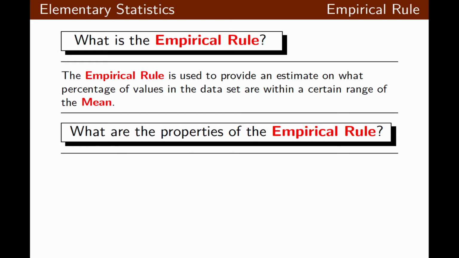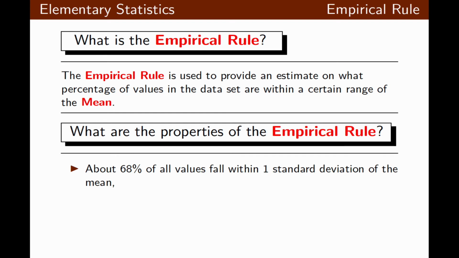There are three properties of the empirical rule. About 68% of all values fall within one standard deviation of the mean. In mathematical notation, that would be x bar plus or minus one standard deviation.